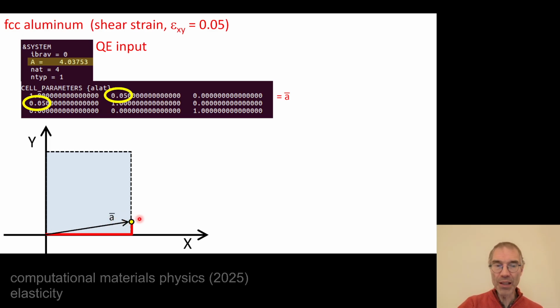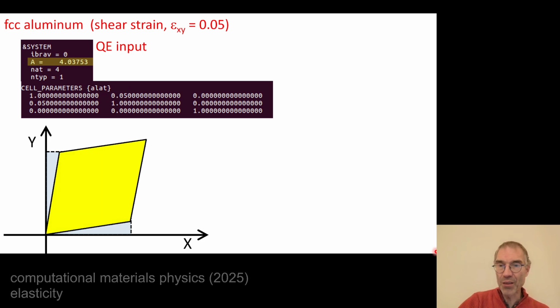So this is my lattice vector A. The lattice vector B, that's 0.05 to the right and 1 along the y direction. So this is B. Together, this A and B span the base plane of this crystal. So I can find that by displacing A like this, displacing B like this, and here we have now the base of that crystal, of that unit cell.